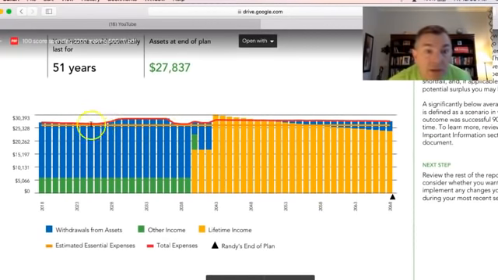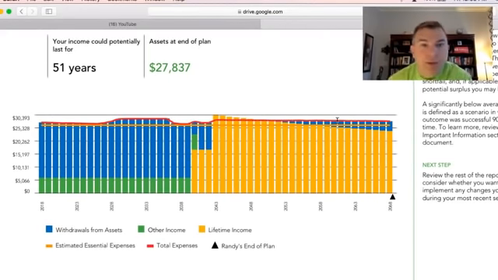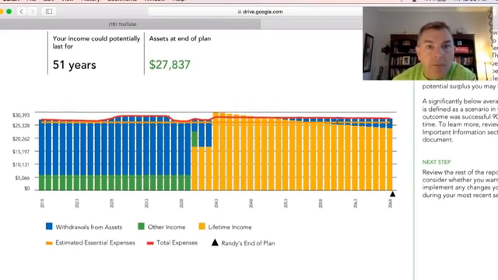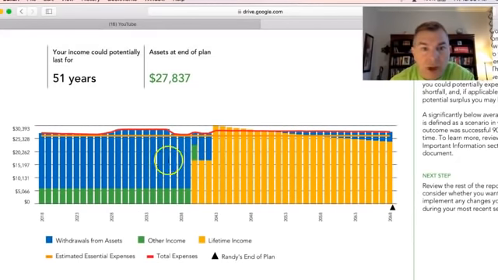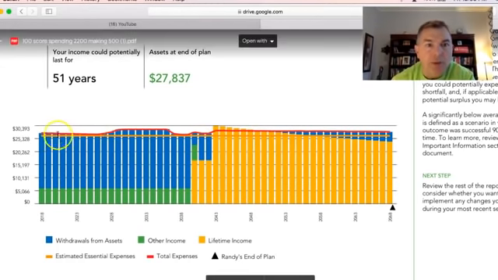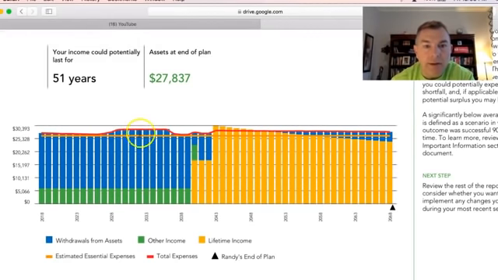And what's this orange? Estimated essential expenses. Okay, so there's our orange estimated essential expenses, and they're going to withdraw from assets. Looks like their assets are going to be gone here, and then they're going to start making a little bit more income than their expenses. So I see what's going on here. Here's their total expenses up here, and here are the withdrawals from their portfolio.